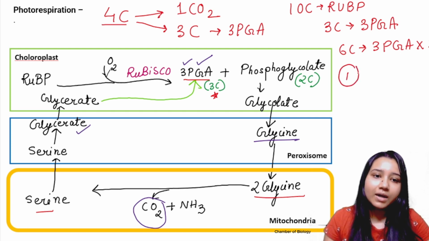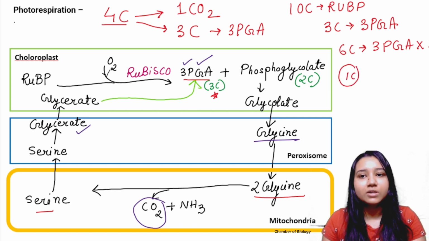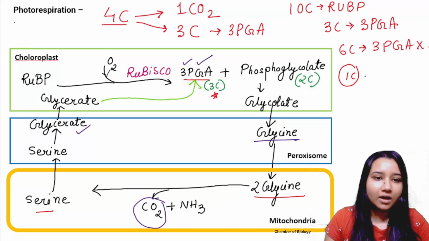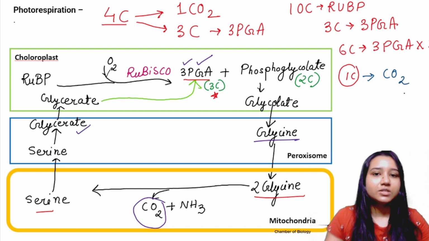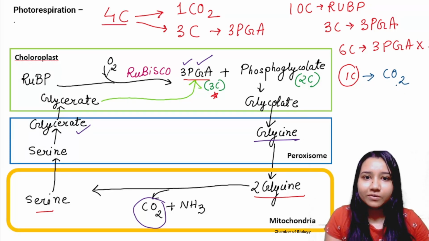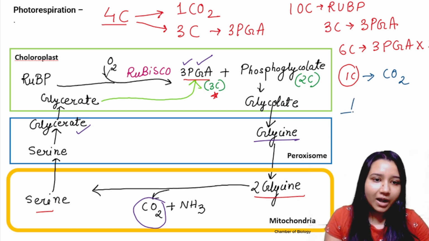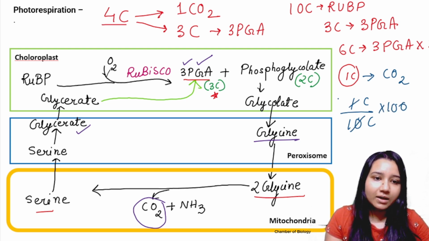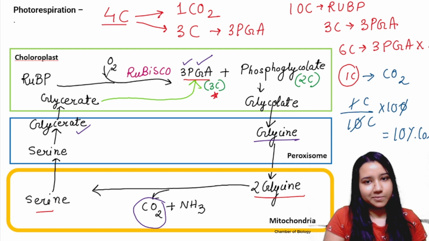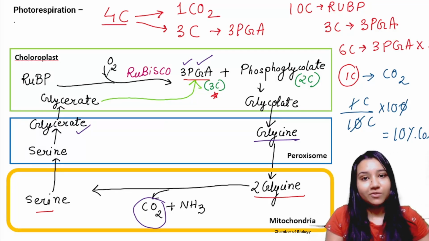Only 1 carbon is lost, and that is lost in terms of carbon dioxide. I hope it is clear to all of you how there is a 10% loss, right? Because only 1 carbon out of the 10 carbons is being lost. So we can say there is a 10% loss in the photorespiration process, okay? So that is why it's a wasteful process.